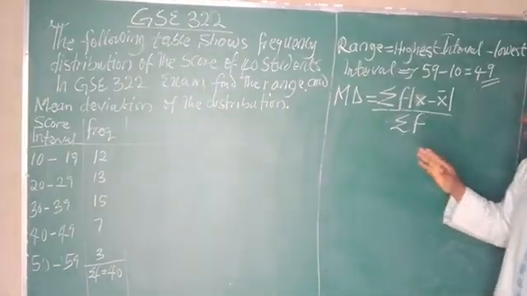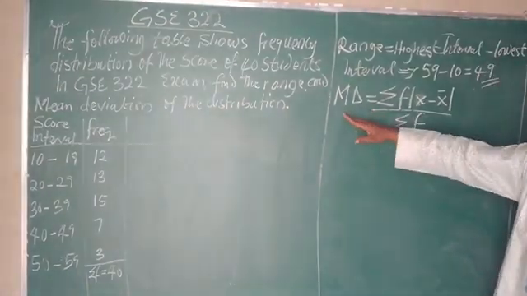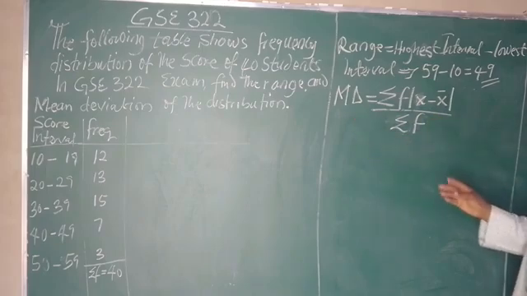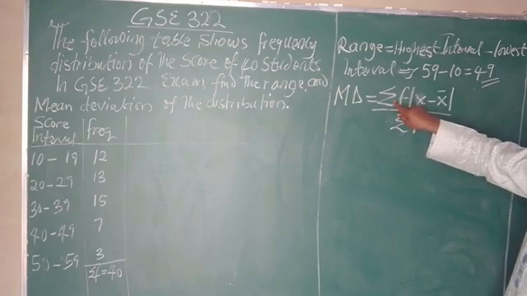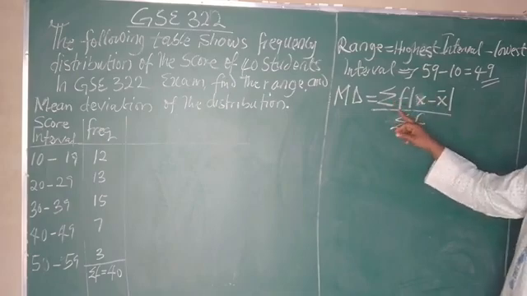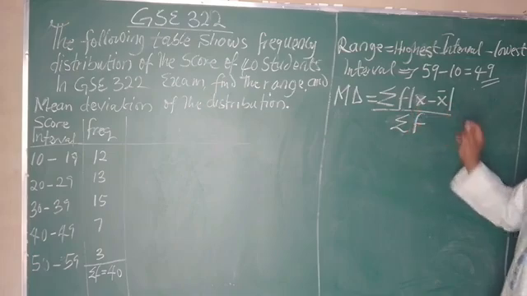Now, having written the formula, we have to describe it. This is the summation of f times the absolute value of x minus x bar.